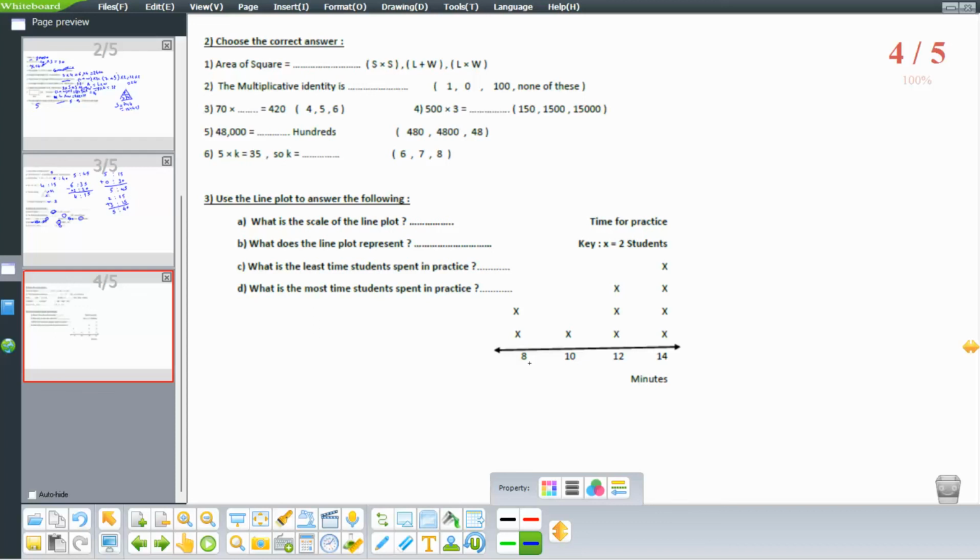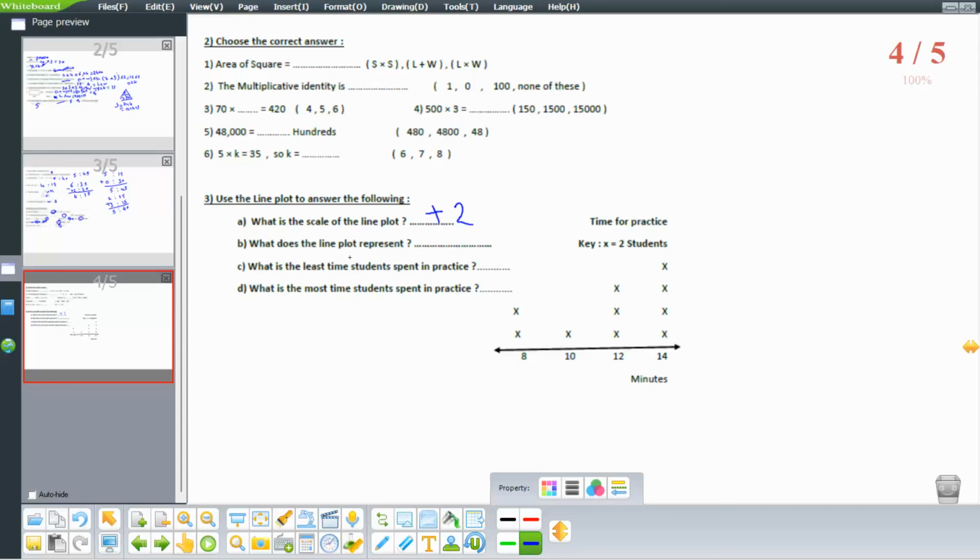If I ask you about the scale, it means how many we add or subtract in the numbers. Here we have 8, 10, 12, 14, so every time we add 2. So the scale is plus 2.